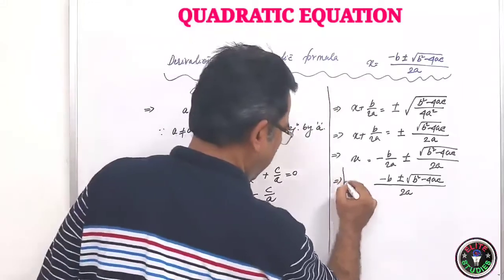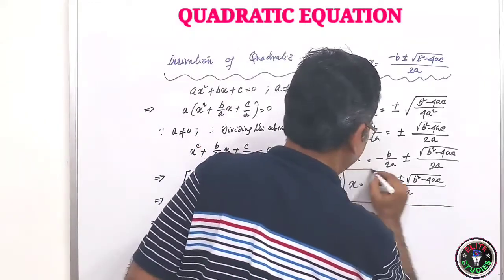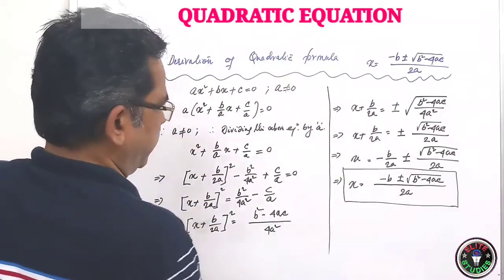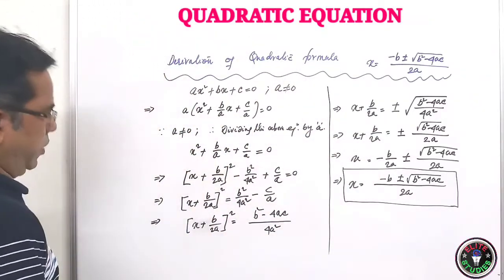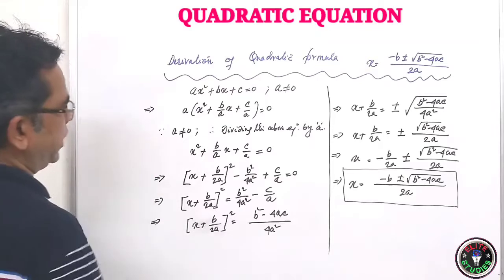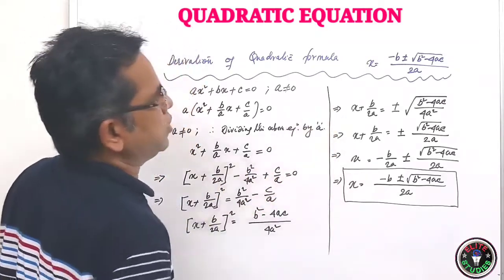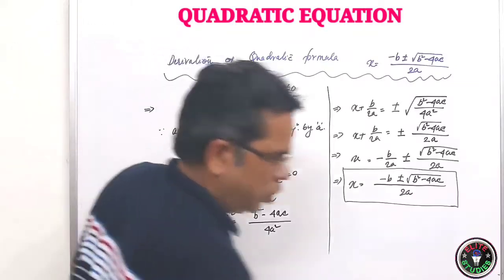Dear students, we have got it. So the main step here is x is equal to minus b plus minus root over of b square minus 4ac by 2a.